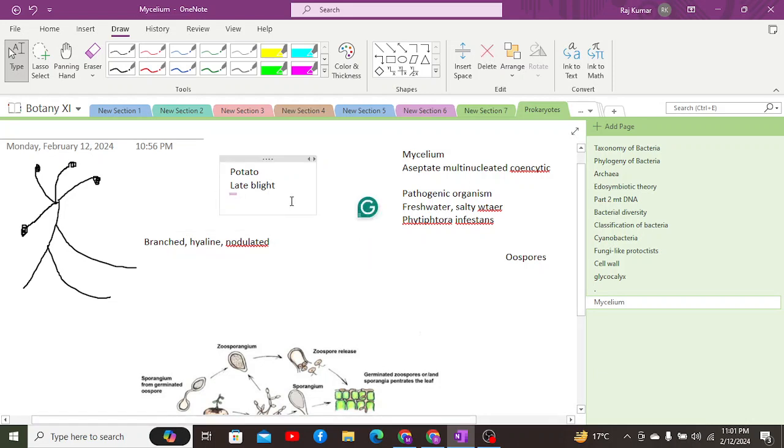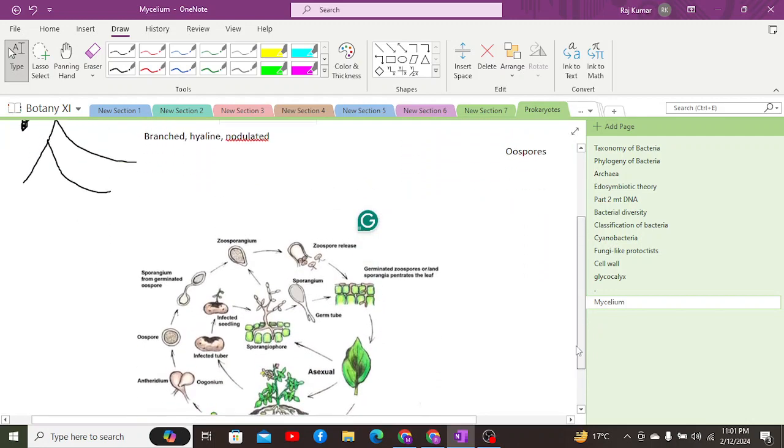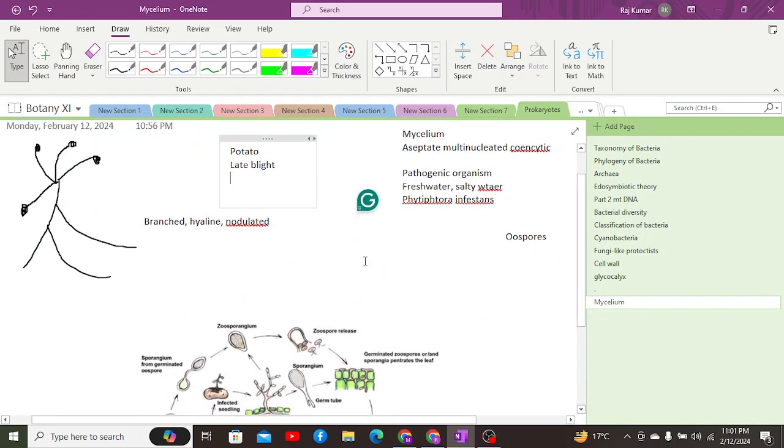How it actually occurs is that the mycelium remains somewhat here, and the hyphae divide into two parts. The branched structure of hyphae which goes inside the plant in order to infect it is known as the intercellular part.